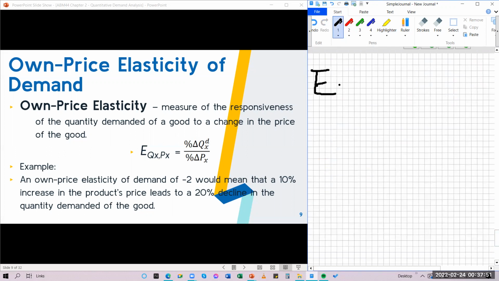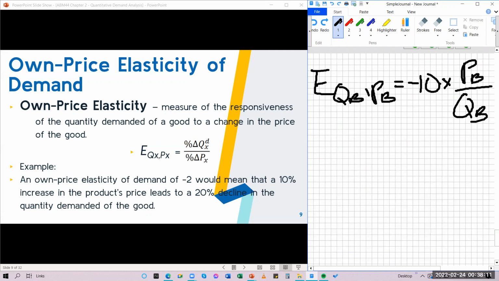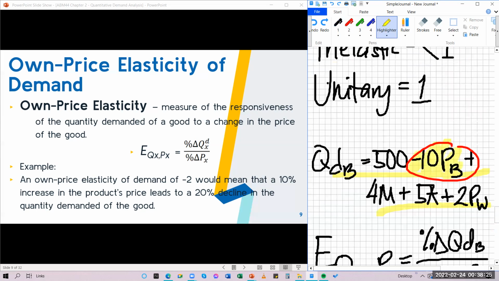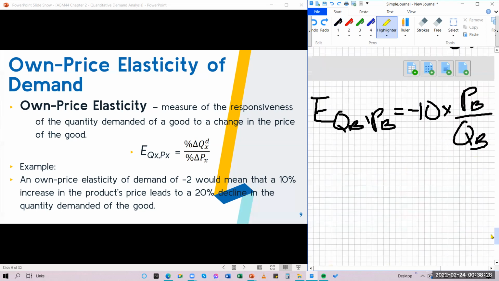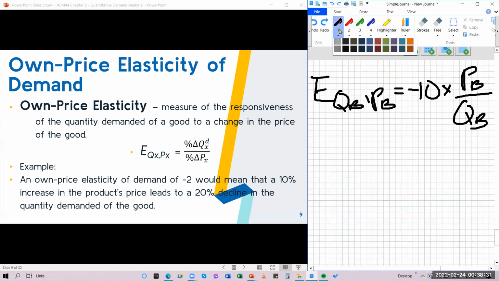So the elasticity of the quantity demanded of beer and the price of beer, the own price elasticity, is negative 10 multiplied by PB over QB. So this would be the formula that we will be using. As you all know, the negative 10 is there because it is the derivative and part of the function, which is negative 10 PB. So this is the formula that we will be using.